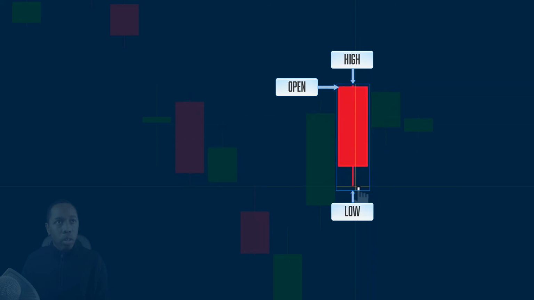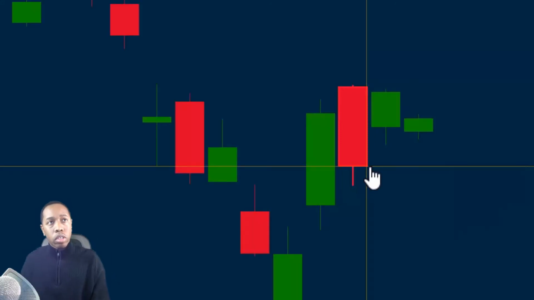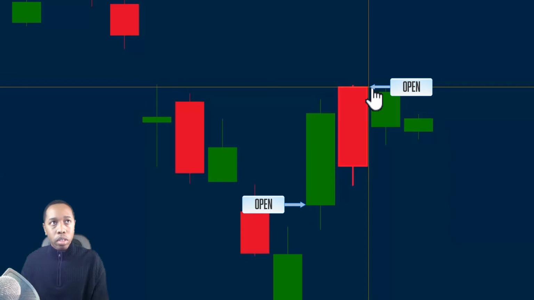It reached its lowest point with the snap down here, and then it closed down here at the bottom. So the difference is that on a bullish candlestick, it opens at the bottom of the body, and on the bearish one, it opens at the top.